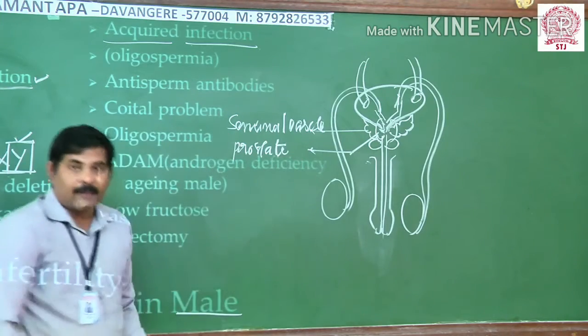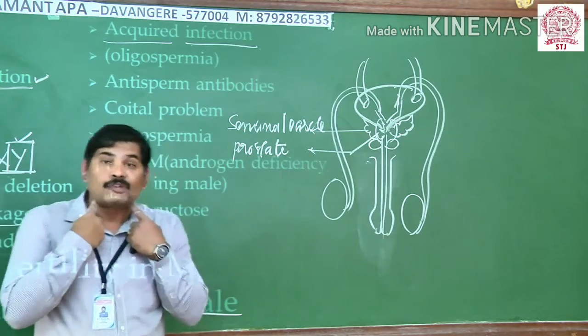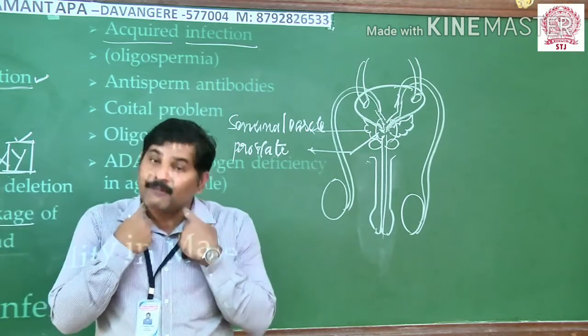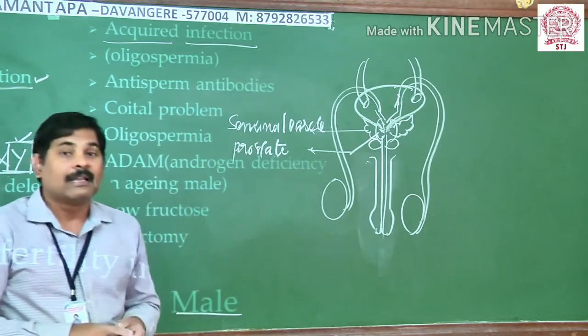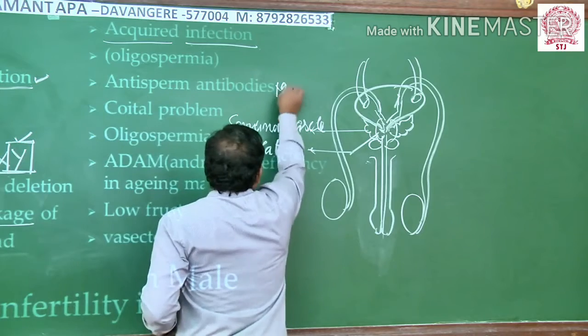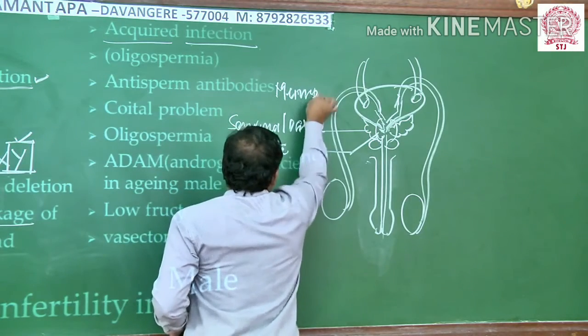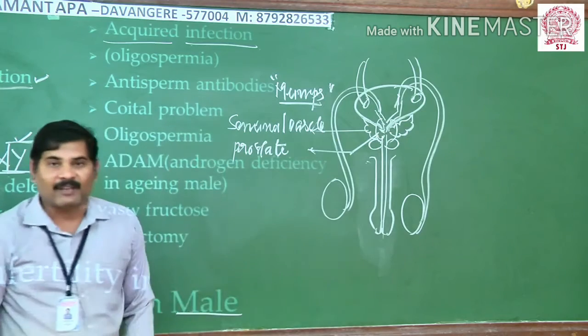Coming to the third kind of infection, you can get infection of your salivary glands. You might even have suffered from this in your childhood, and that disease is known as mumps. When you get a disease like mumps, it is one more important problem. Mumps is a viral infection.